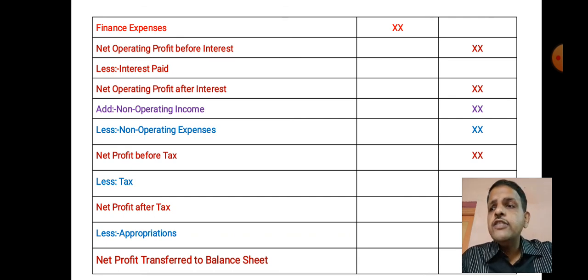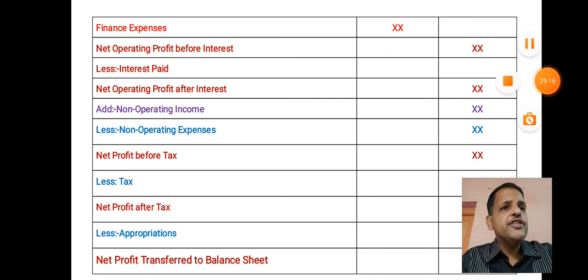It includes transfer to certain reserves or earmarking certain profits like that. Now friends, after deducting these appropriations from net profit after tax, what we will get is our retained earnings. They are transferred to the balance sheet and shown under reserves and surplus in our balance sheet.